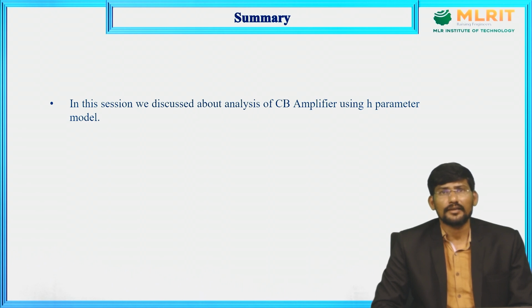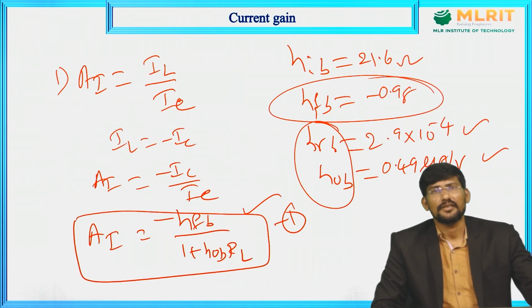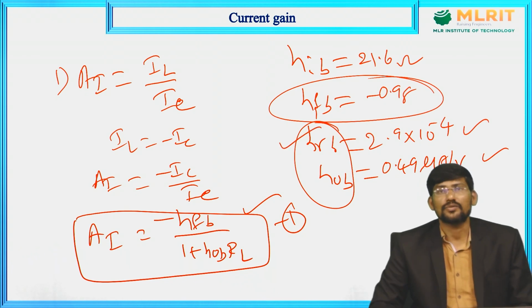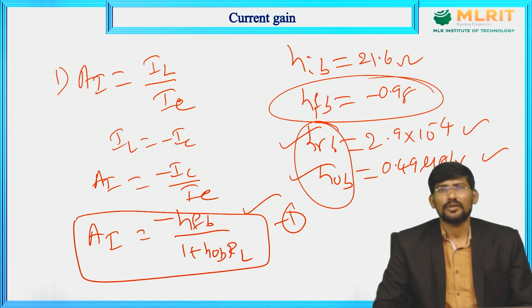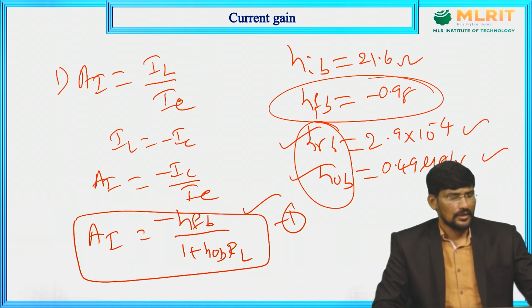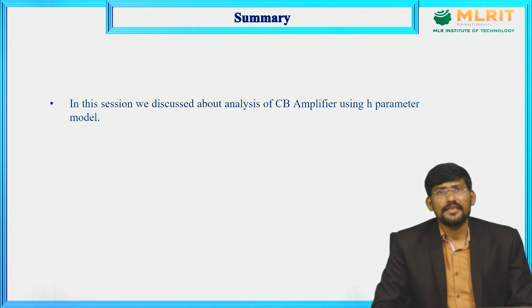We will neglect two parameters: HRB, reverse voltage gain, and H0B, output admittance, which can be neglected in practical analysis of circuits, so that complexity can be reduced for multi-stage amplifiers. Thank you for watching the video.